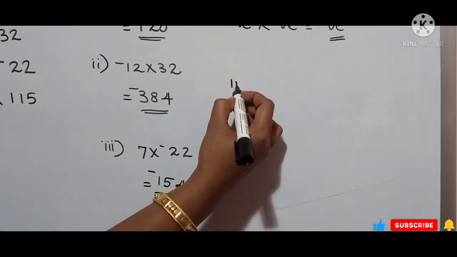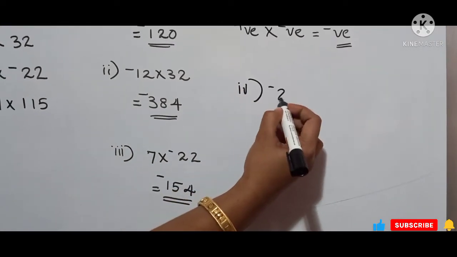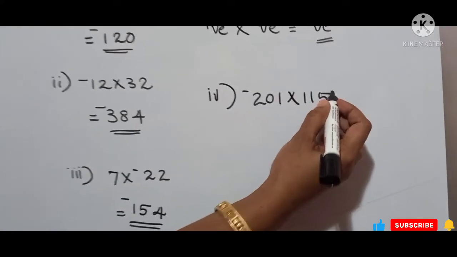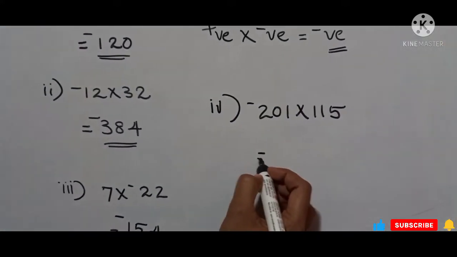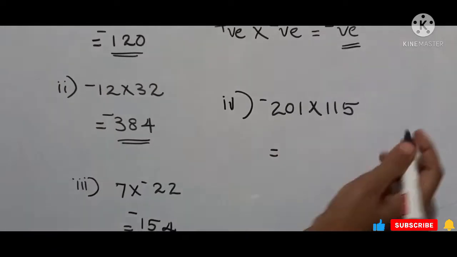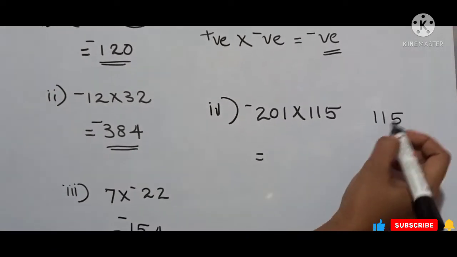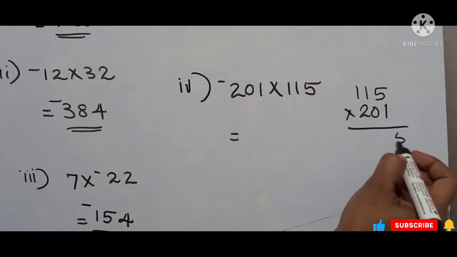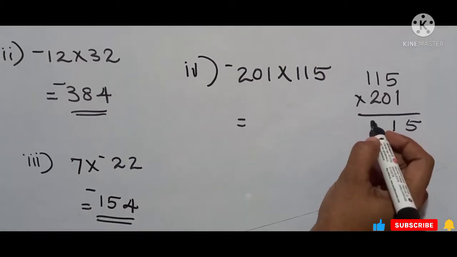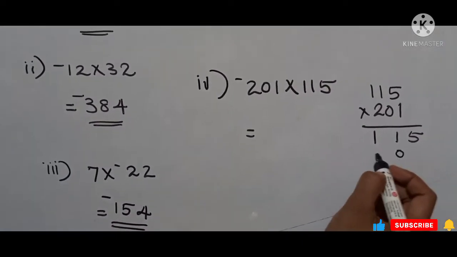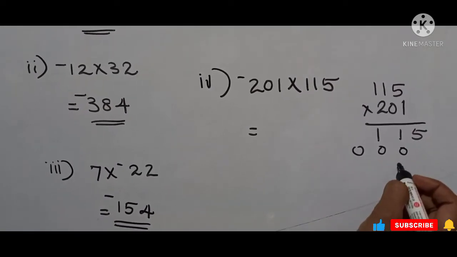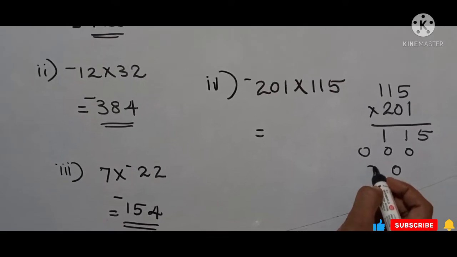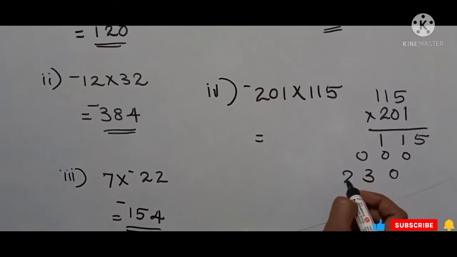Then the fourth one is minus 201 into 115. That is equal to, find the product of 115 and 201.